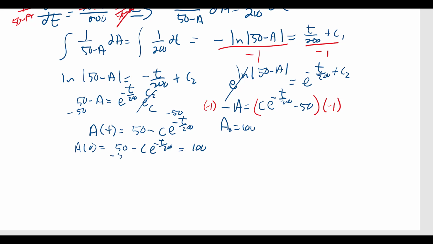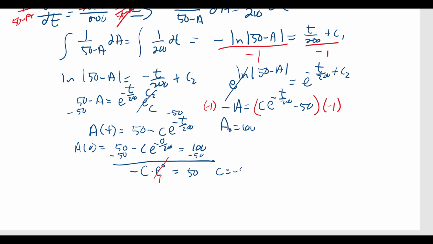So I'll subtract the 50 from both sides. And negative c, some of you are probably screaming at the screen right now, hey, you forgot that t is now a 0. You are right. There we go. So it's negative c times e to the 0, which we all know and love that to be 1, equals 50.